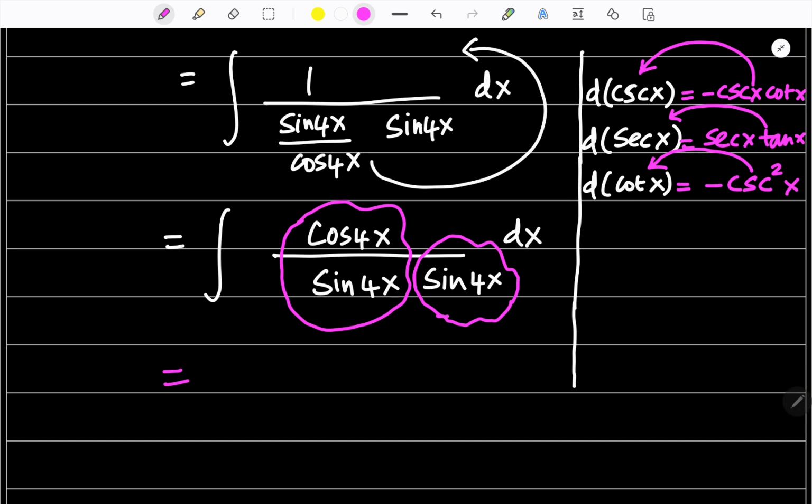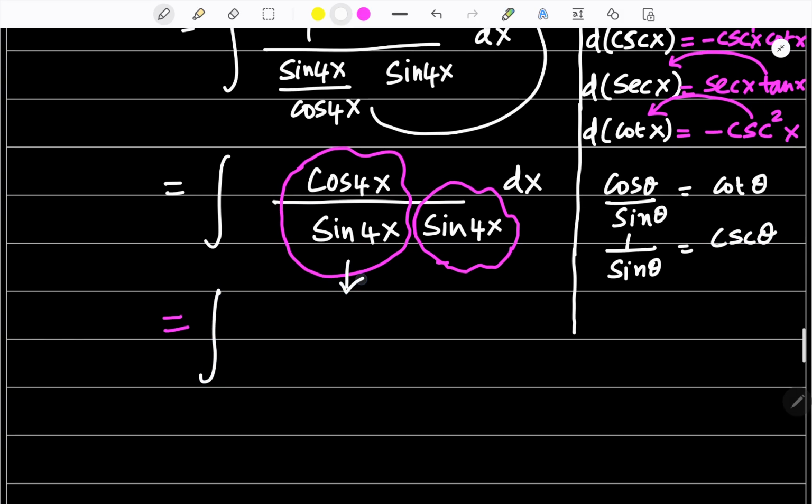So this I'm going to write in the model. Cosine theta divided by sine theta is equal to cot theta, and 1 divided by sine theta is cosecant theta. So I'm going to write this as cot 4x, because the angle here is 4x, keep in your mind.